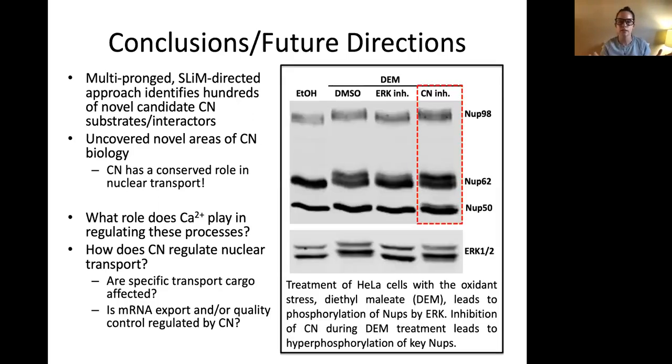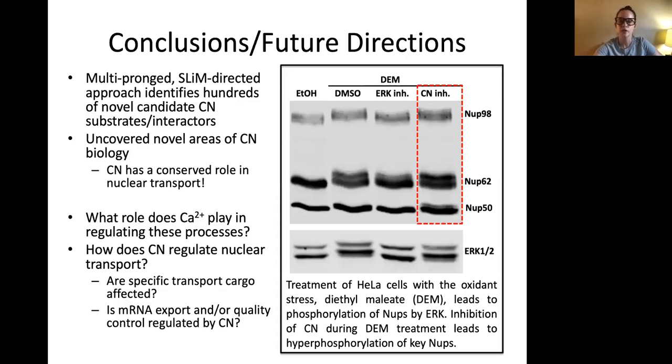But my last little piece of preliminary data, thinking about context for these events, is when I mentioned earlier that ERK phosphorylates nuclear porins under specific conditions. One of them is during oxidant stress.